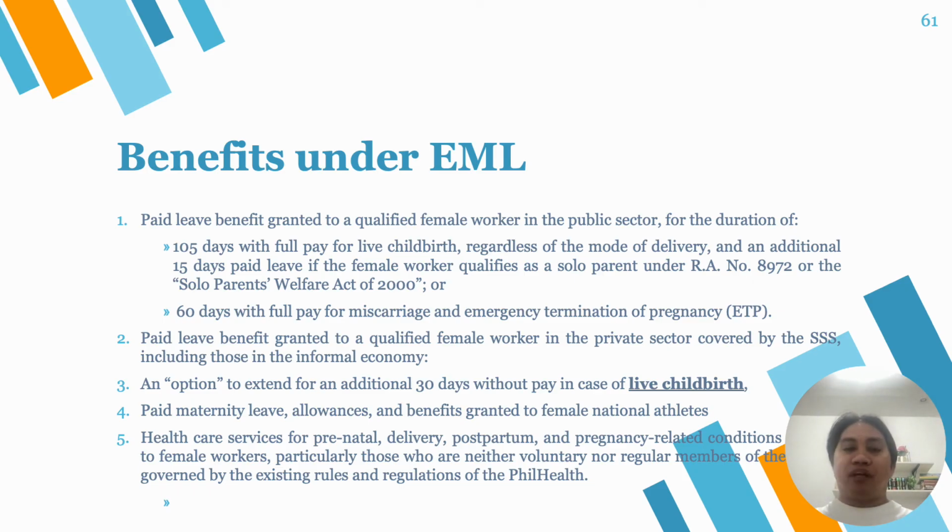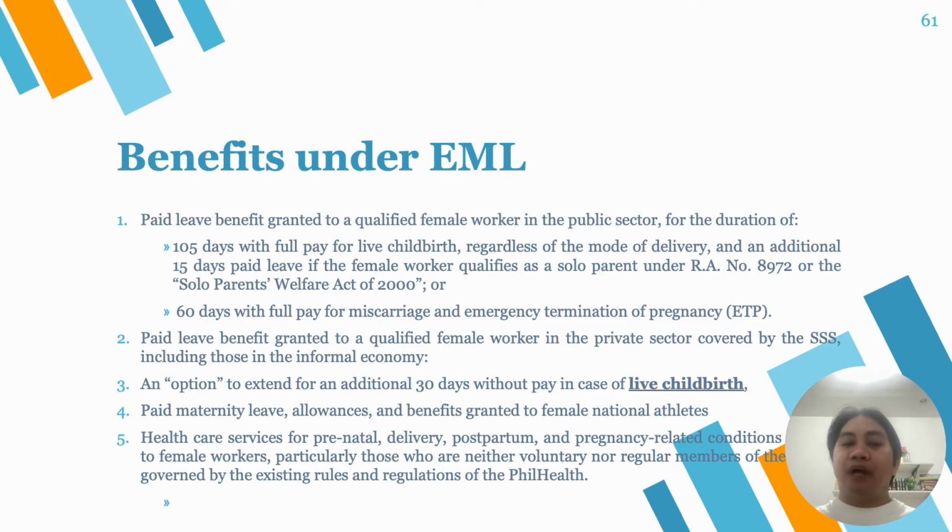The miscarriage and emergency termination of pregnancy are defined under Republic Act number 11210. Miscarriage refers to pregnancy loss before the 20th week of gestation, while ETP or emergency termination of pregnancy refers to pregnancy loss on or after the 20th week of gestation, including stillbirth.